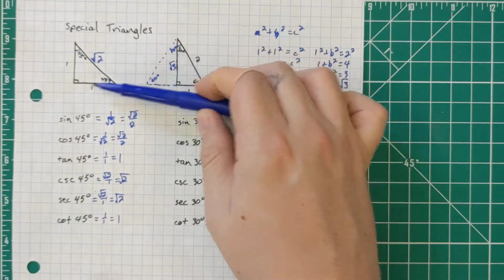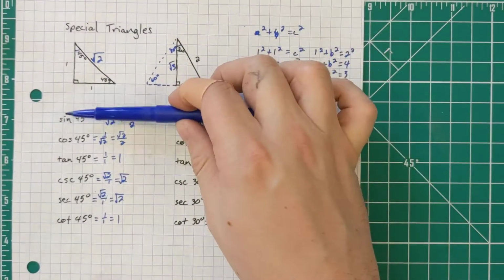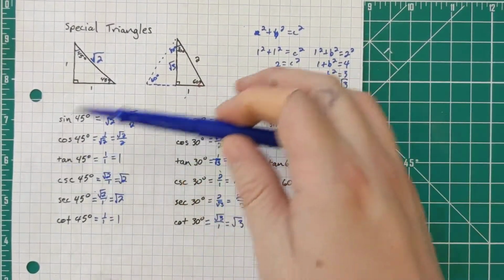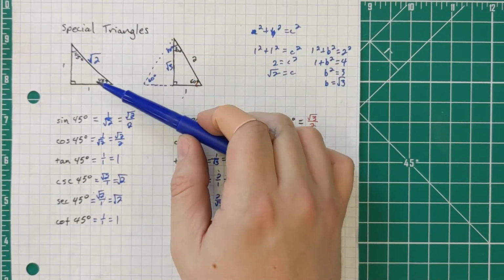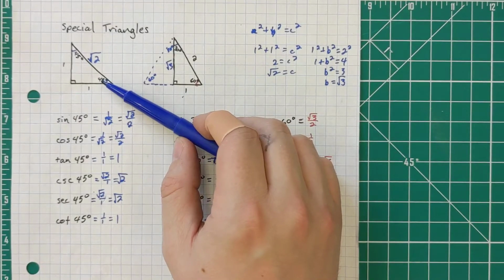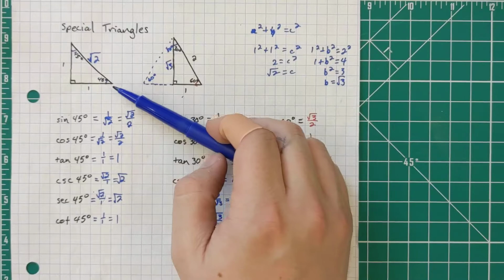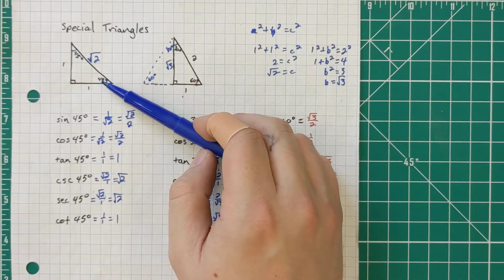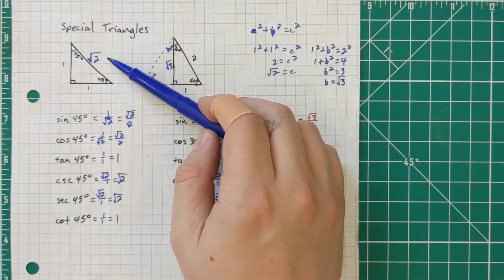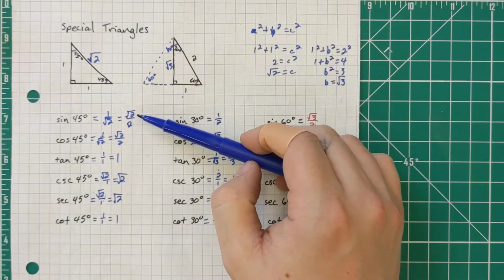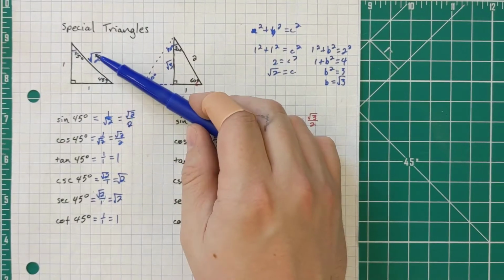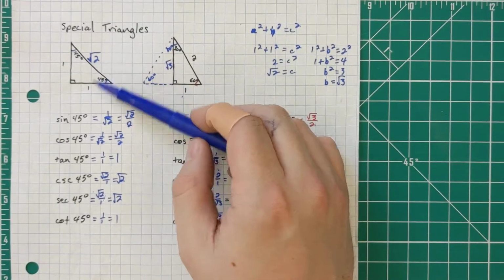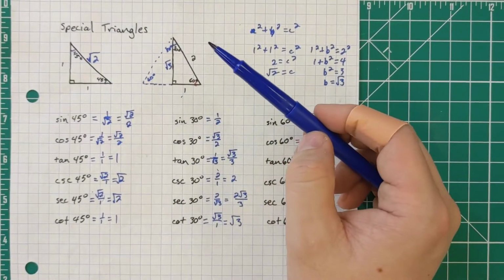And so when we use a 45, 45, 90 triangle, we've got all of those trig functions that we can use. So if I want the trig functions of a 45-degree angle, notice I could use either one of these. So sine is opposite over hypotenuse, 1 over square root of 2, which simplifies to square root of 2 over 2. Cosine is adjacent over hypotenuse, 1 over square root of 2, which is square root of 2 over 2.